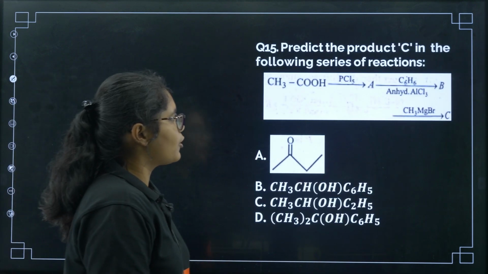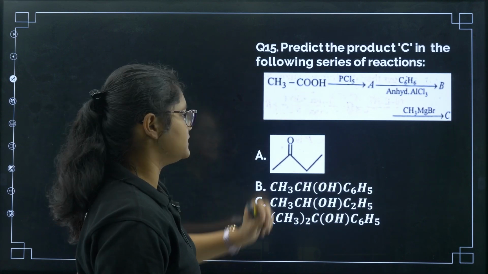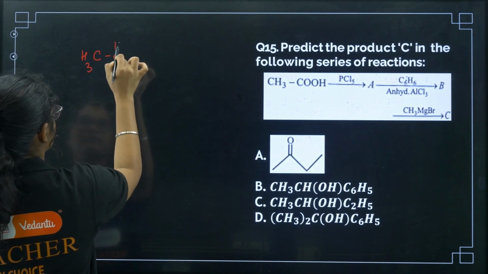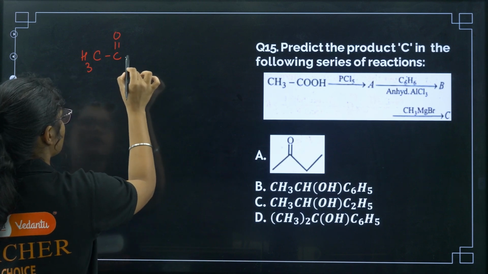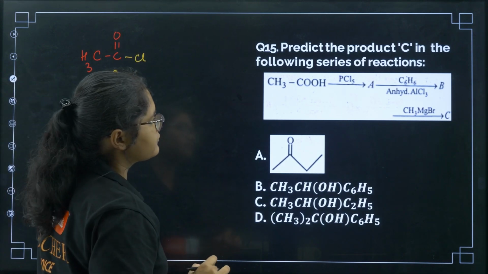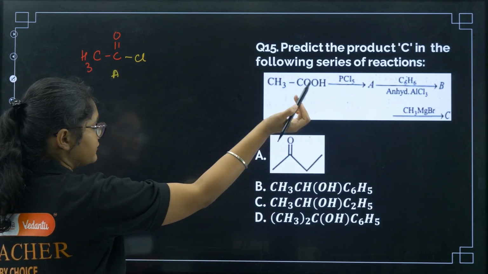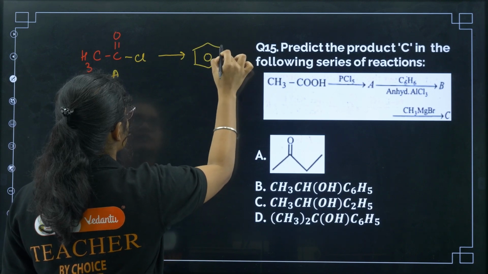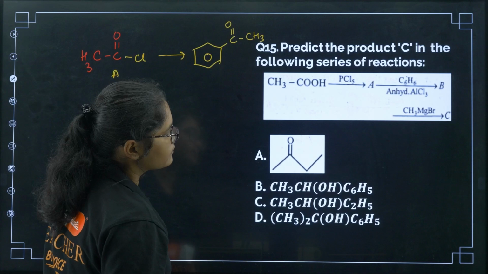Next, predict the product C in the following series of reactions. First you have PCl5. So we have CH3 C double bond O, then the OH will be replaced with Cl, that is your A. Next, with C6H6 benzene, this is your Friedel-Crafts acylation, we will get C6H5 COCH3.